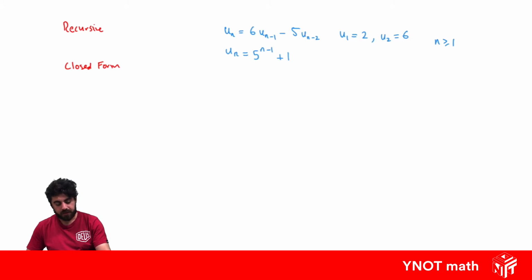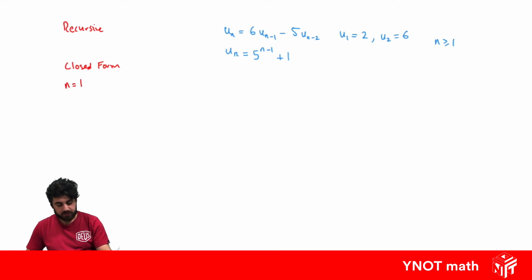So here we're looking at proving with mathematical induction that the recursive definition equals the closed form definition. So how are we going to do that? The first thing we need to do is show that it's true for the base case where n equals 1. Let's have a look when n equals 1.